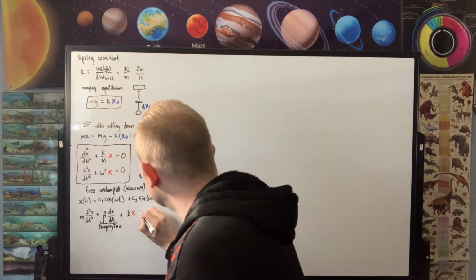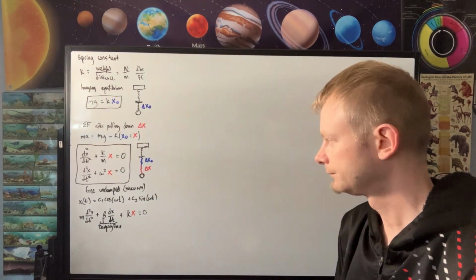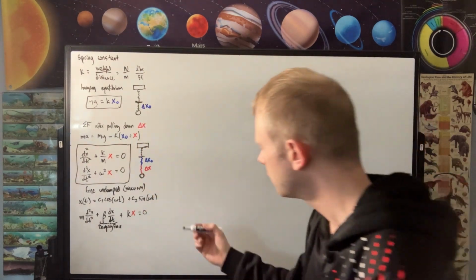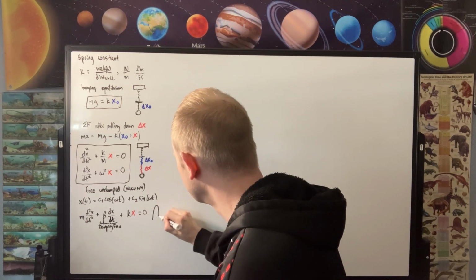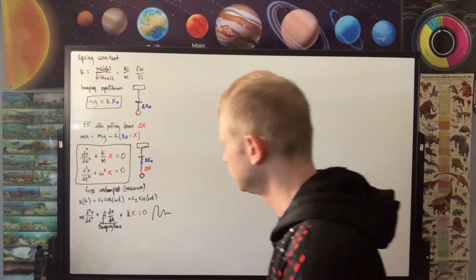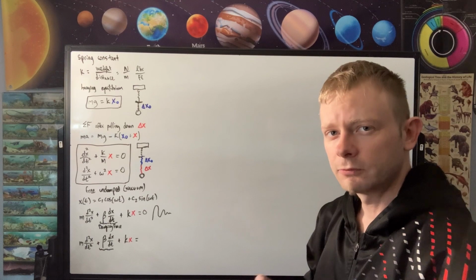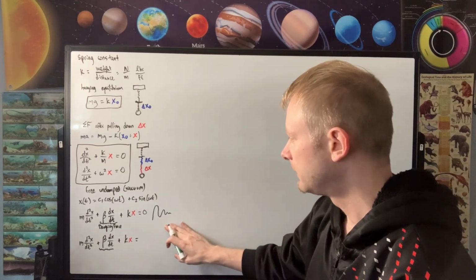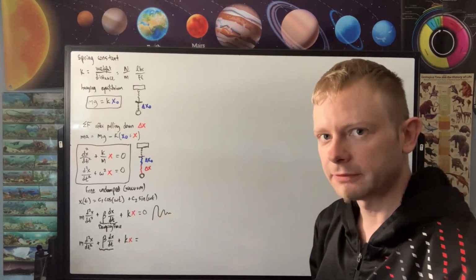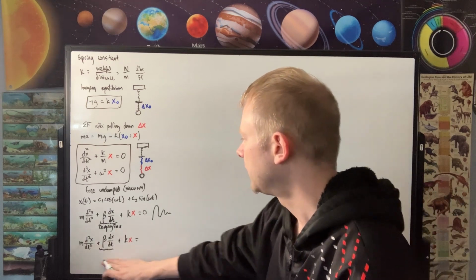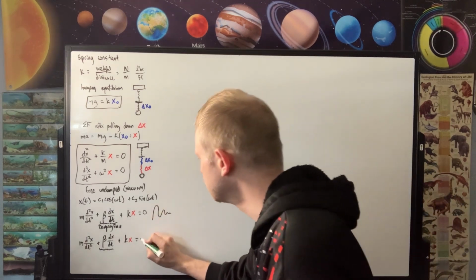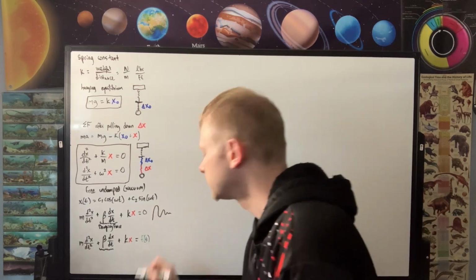This will be equal to 0. And if we have a damped spring, it's going to look something like this if we were to look at the graph. And we'd be able to flatten out this curve and make it look a little more like a regular sine wave if we have our original equation here, and we just set this equal to f(t) instead of 0.